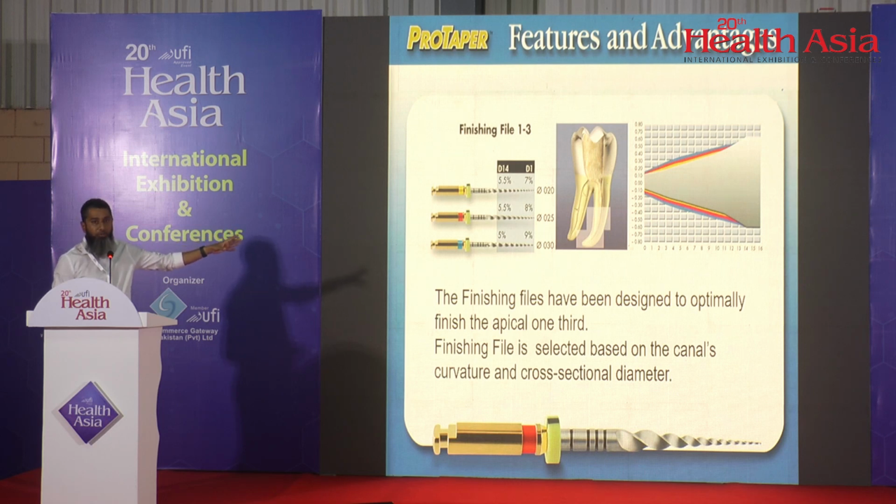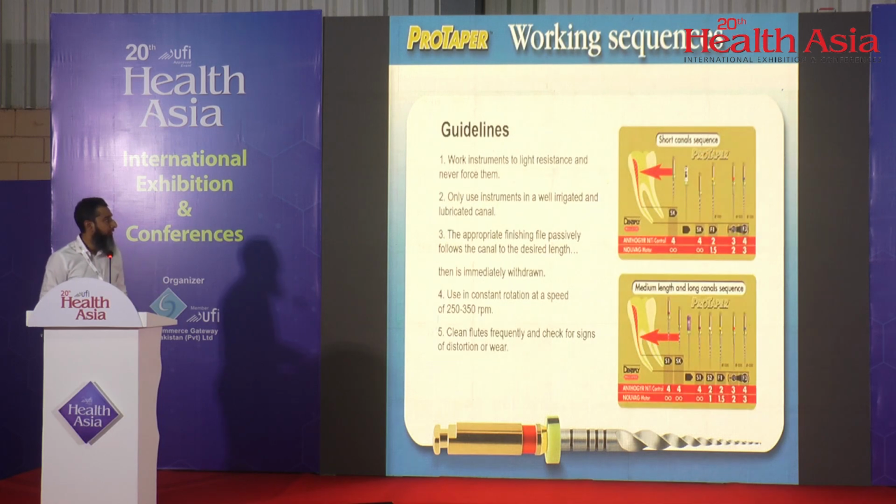The shaping files were only 2% and 4%. Here, the finishing files are 7, 8, and 9% because they are engaging just in the apical part. So once you have used the F1 file, you can see whether you can finish the canal at F1 or you need to move to F2 or F3. So these files will just do the apical finishing of that canal.